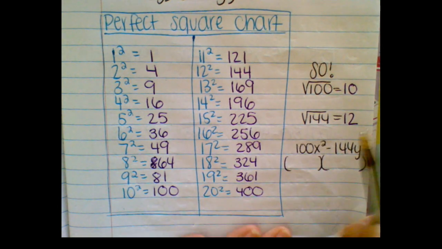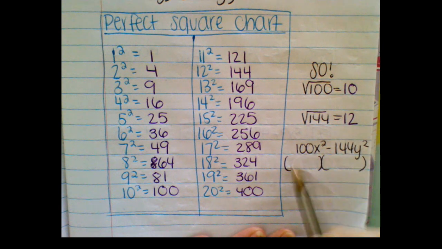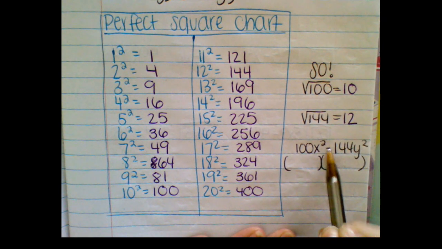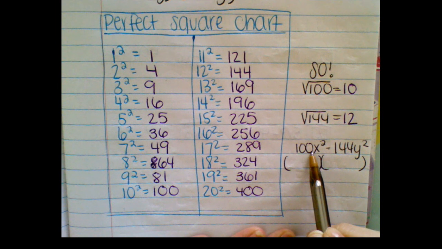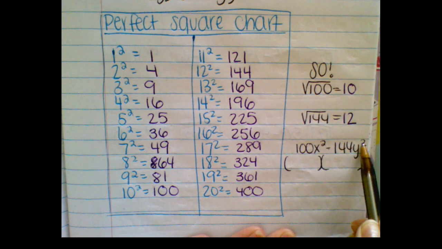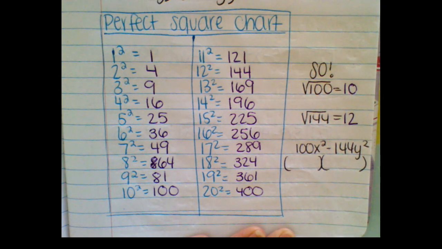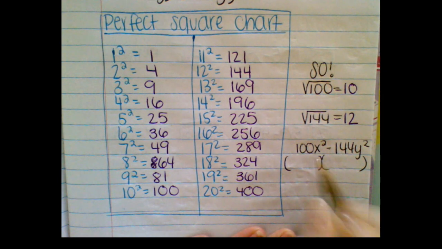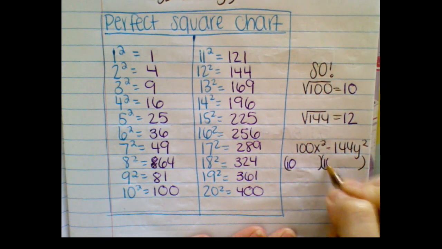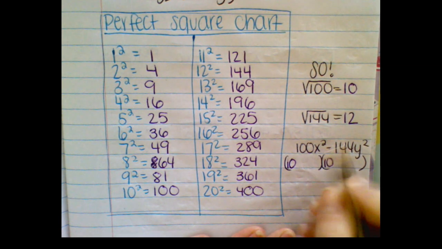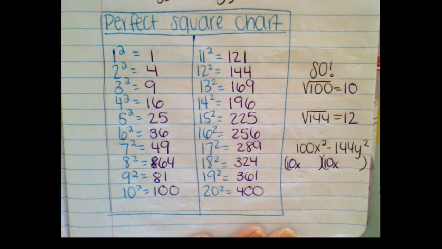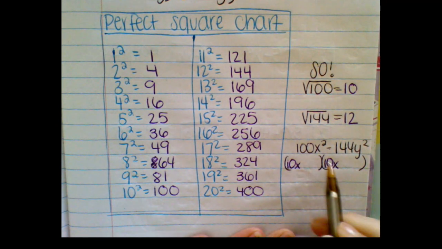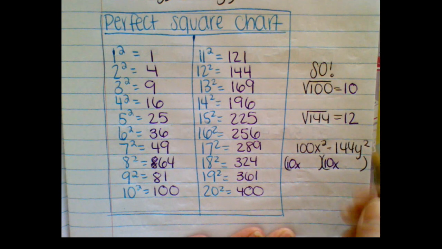So if I ask you, use the difference of two squares. Here's a difference. 100 is a perfect square. This is an even power. 144 was a perfect square. This is an even power. I'm asking you to set up your parentheses. Well, what gives me 100? 10. So a 10 and a 10. X squared, so each one gets an x, because 10x times 10x gives me 100x squared. 144, what we said was 12.